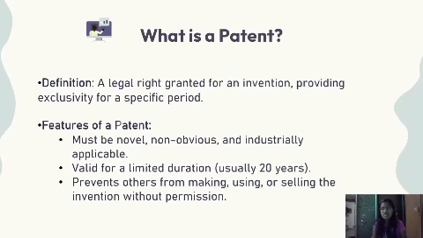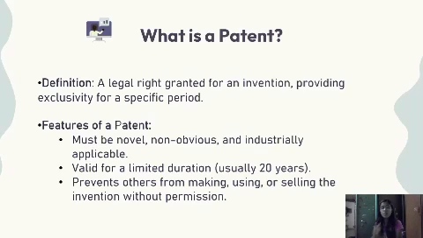So the features of a patent are that it must be novel, non-obvious and industrially applicable. So the patent is given only to the products that are novel and original, wherein if you need to get the patent to a product you have invented, you need to make sure that that product is not already existing in the world.